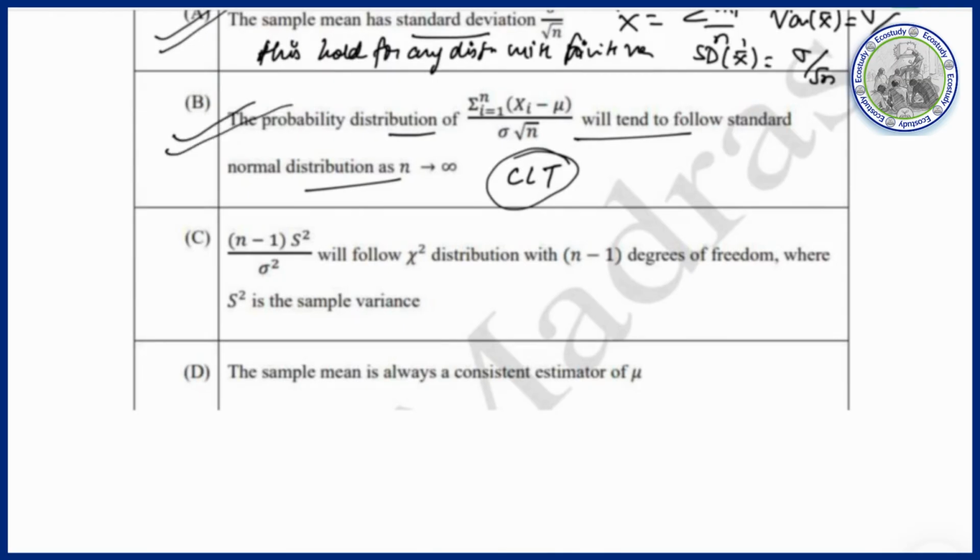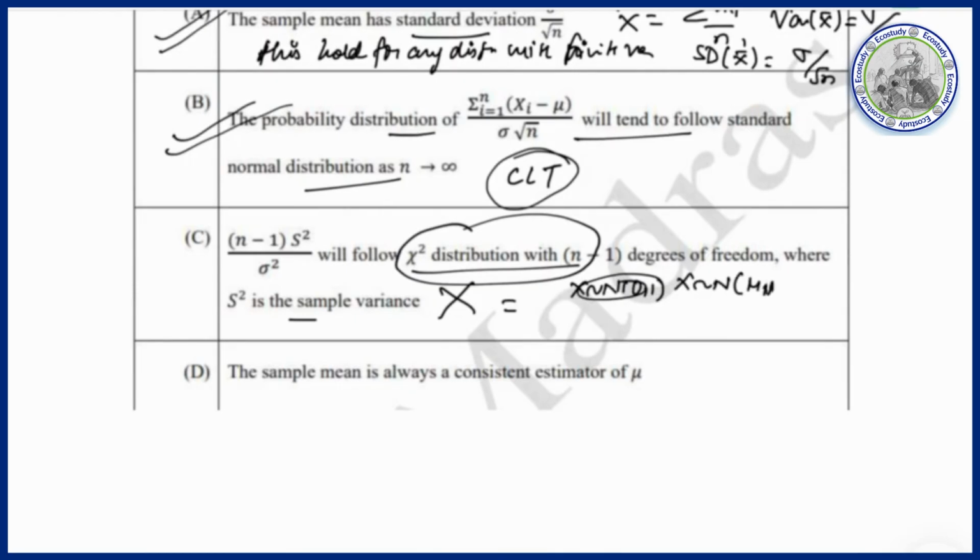Okay, and now (n minus 1) s squared upon sigma square will follow chi-square distribution with n minus 1 degrees of freedom. No, it is not, because for chi-square distribution, x follows normal 0, 1 or x follows normal mu, sigma square, but it is not given here.